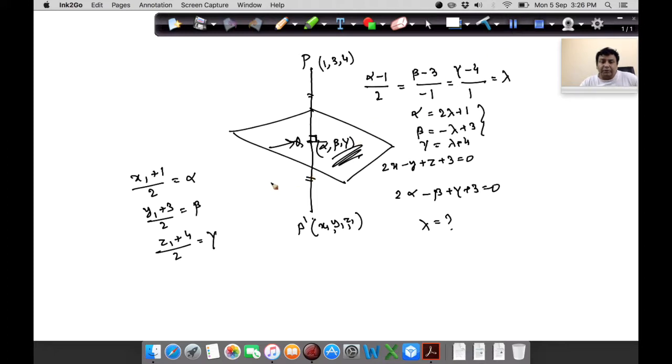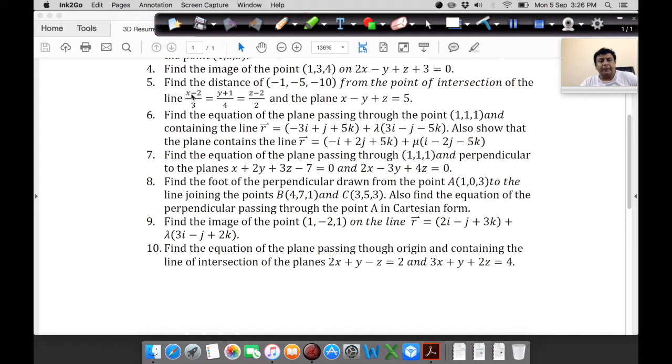Please note this down and see what answer you are getting. Find the distance of this from the point of intersection. Very simple sum. You know the point of intersection of a line with a plane, I've already explained that in one of my videos, and it is very important.